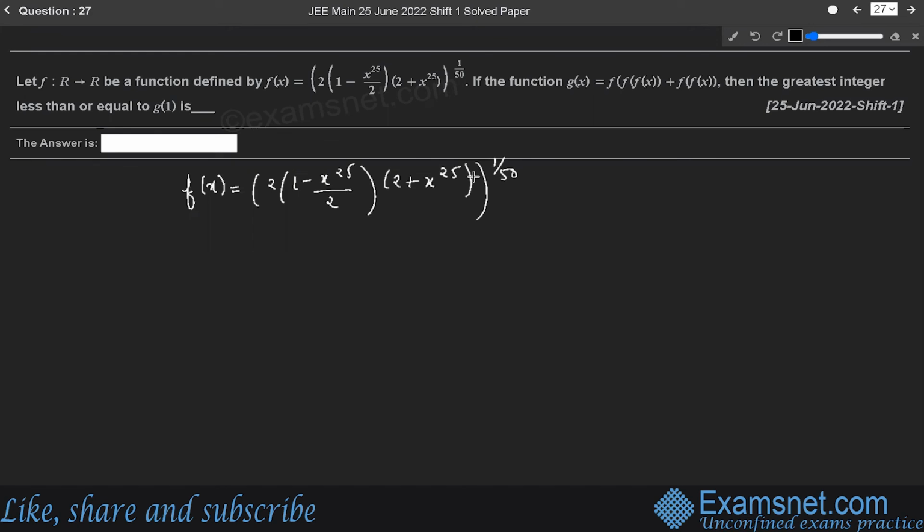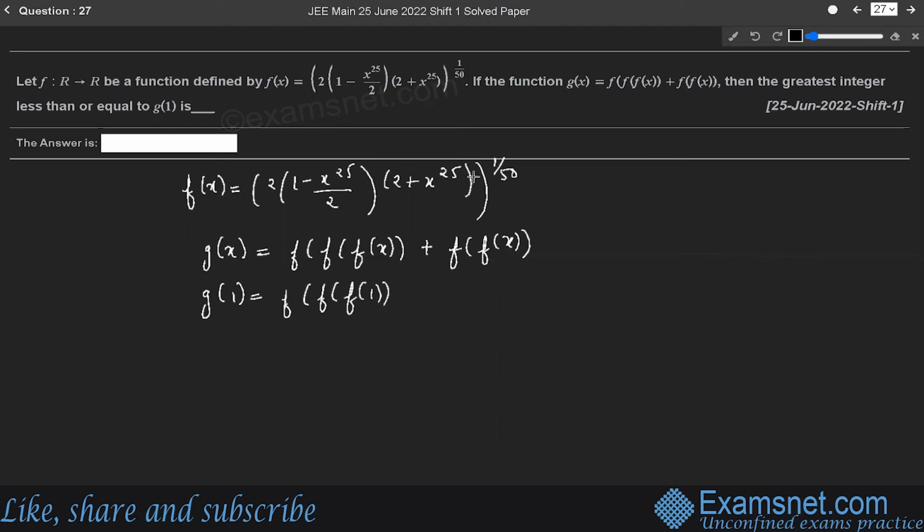If the function g of x is equal to f of x plus f of x, then the greatest integer less than or equal to g of 1 is equal to. So g of 1 will be equal to f of 1 plus f of 1.